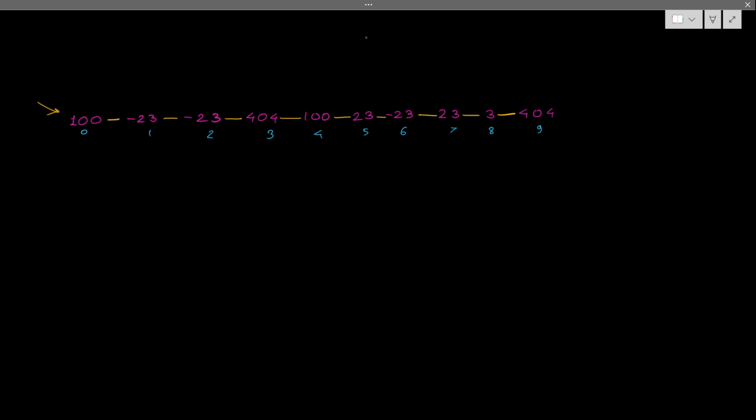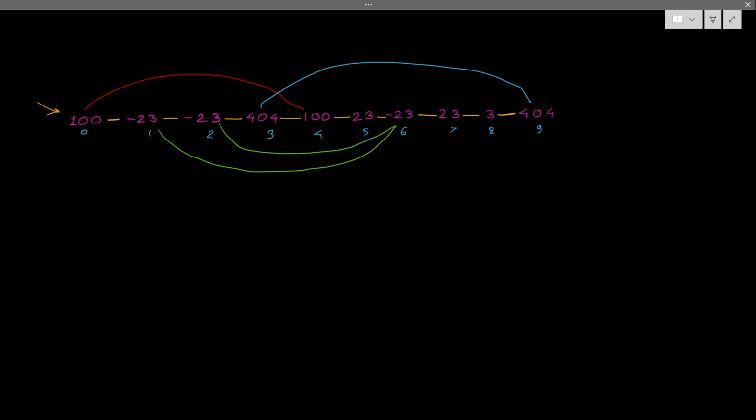So this one to this one you can go. Then this minus 23 to this minus 23 you can go. This minus 23 to this minus 23 you can go. And this 404 to 404 you can go.